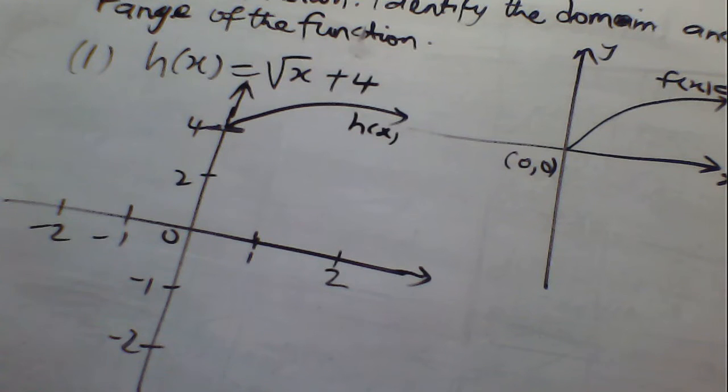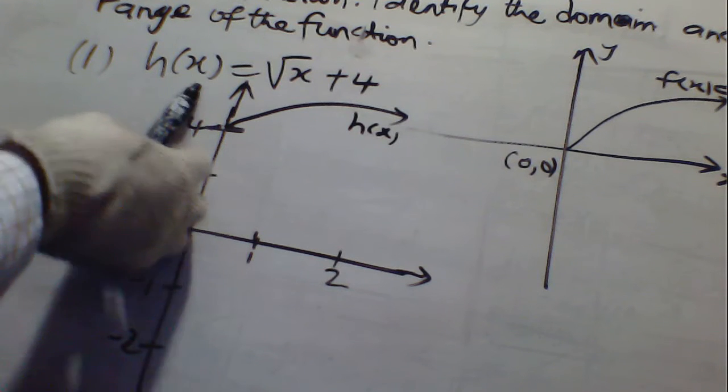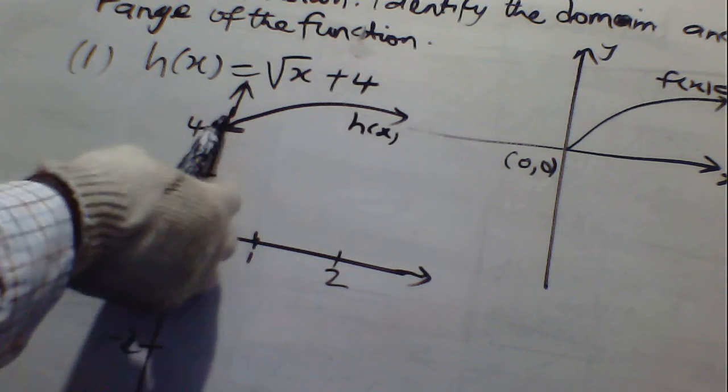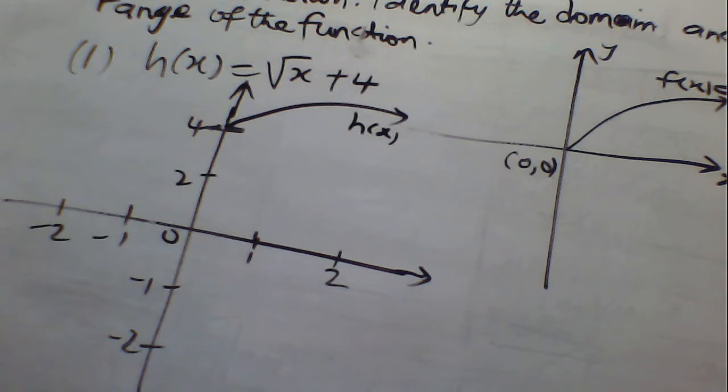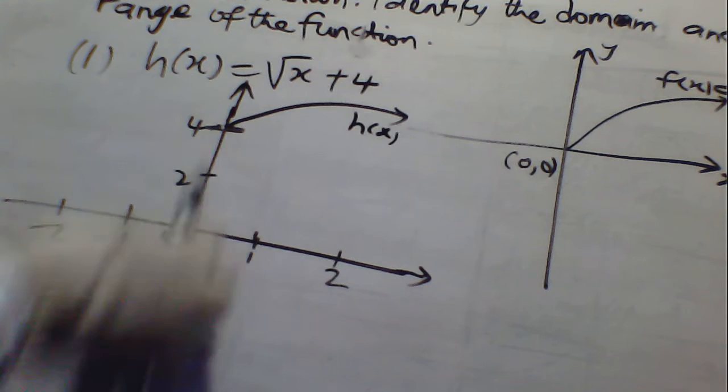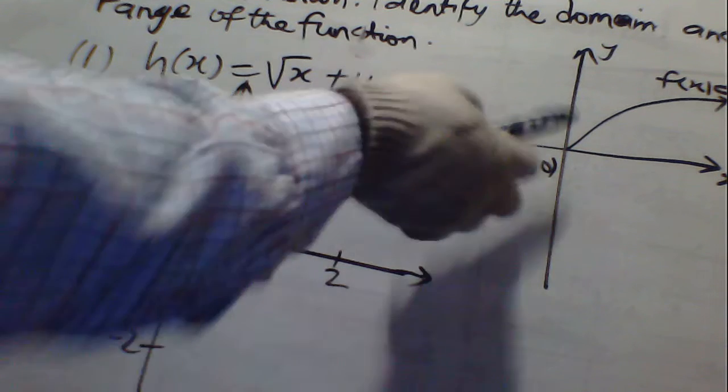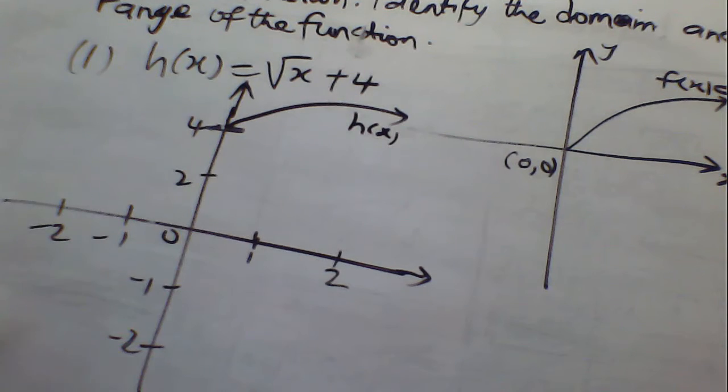Do you understand? So just go up to the 4 and draw the parent's graph. So this is the graph of h of x.